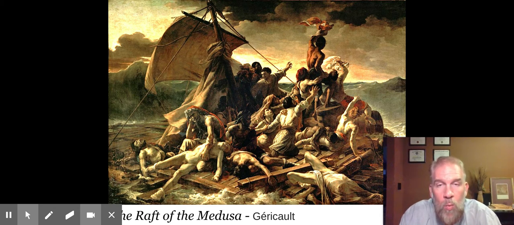So that's a decision that Géricault made on purpose. He chose to make these figures heroic, but these aren't heroes. These are real people, and these are real people who did horrible things. It's man at the mercy of nature, and man without heroism, and man against his darker nature.